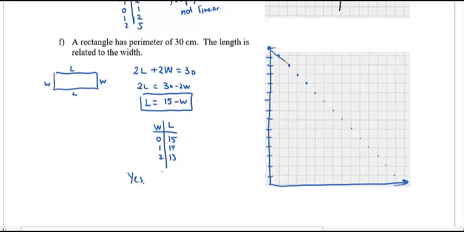Hopefully you'll see a line that looks like this. And definitely, that must be linear. Once again, here was the table of values. Adding 1 on the width every single time, subtracting 1 on the length every single time. Cool. Linear.